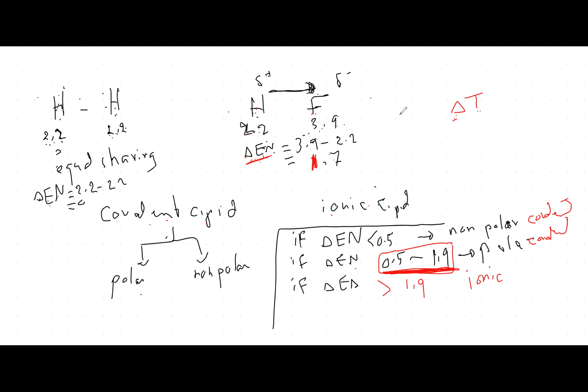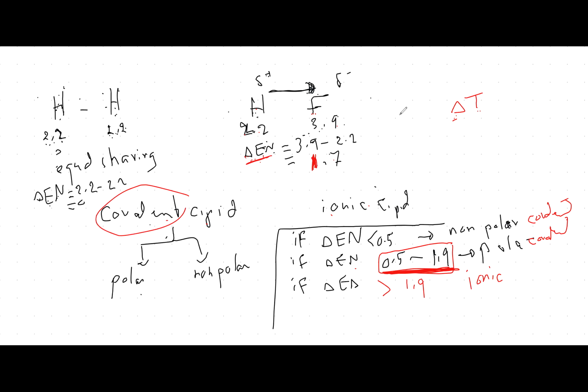Hmm, when I have non-metals like this, it is a covalent bond. Is this right or not? So it's very easy. I don't need to find the electronegativity to know if it's covalent or not. He just wants me to say if it's polar or non-polar, because I have hydrogen, it's a covalent bond, and HF also is a covalent bond.